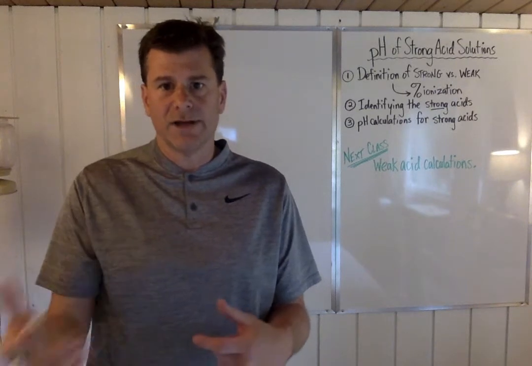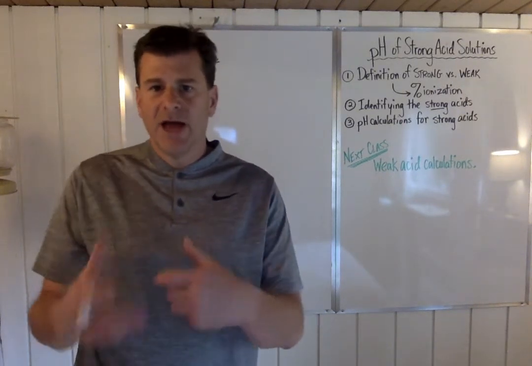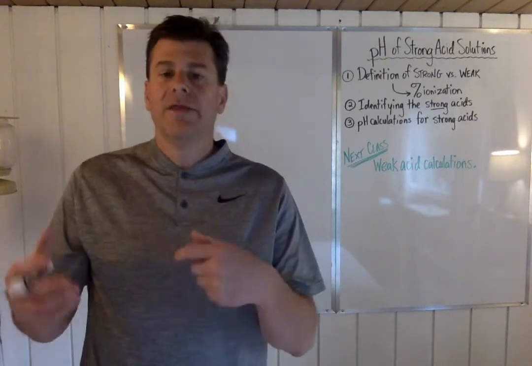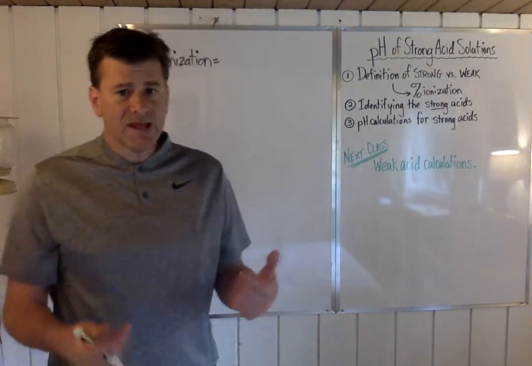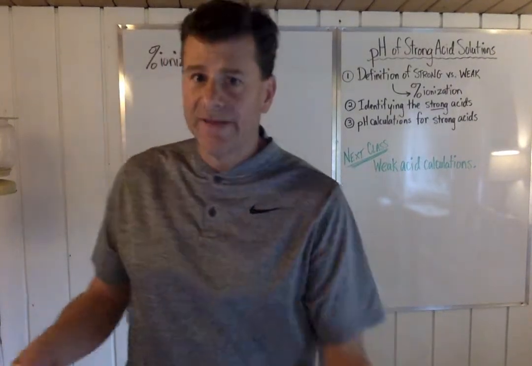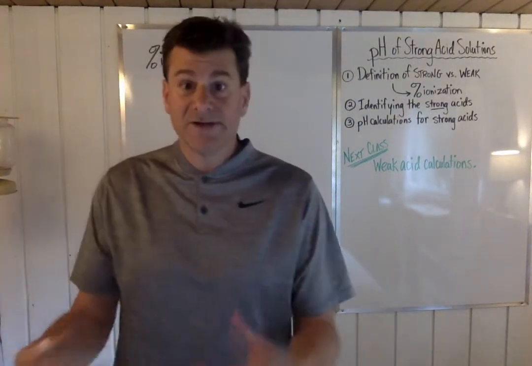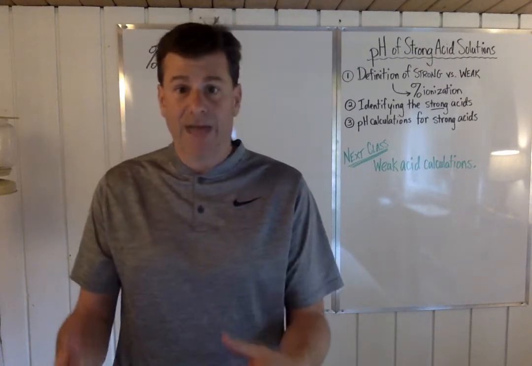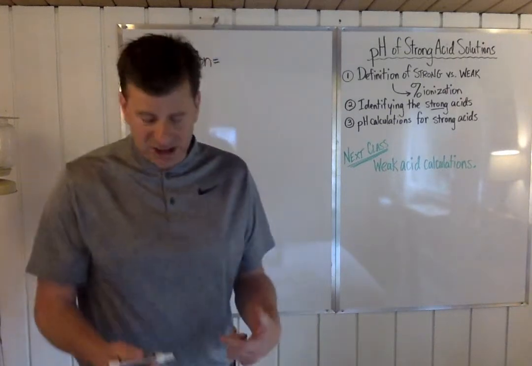It donates an H to the water. So percent ionization has to do with how well that reaction happens, how well the acid molecules donate an H onto water molecules. To quantify that, you would figure out what percentage of those acid molecules that you throw into the water actually do the reaction. And that's what percent ionization actually is.